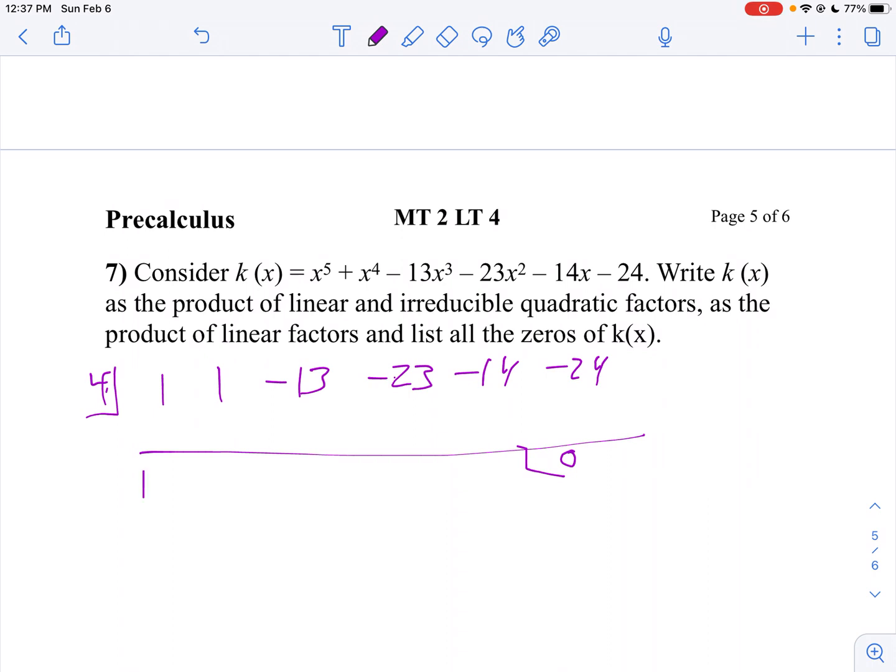So I bring down the 1. 1 times 4 is 4. 1 plus 4 is 5. 5 times 4 is 20. 20 minus 13 will be 7. 7 times 4 is 28, which will give me 5. 5 times 4 is 20. 20 minus 14 is positive 6, not negative 6. 6 times 4 is 24. There we go. One of my roots is 4.